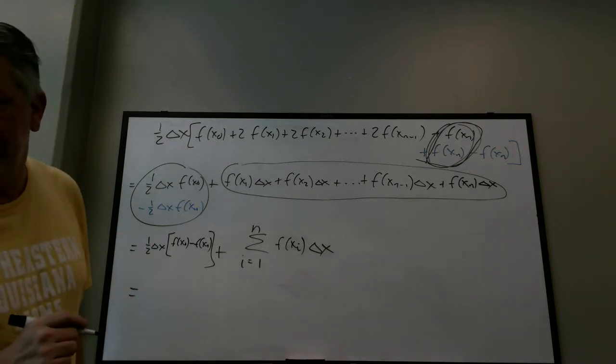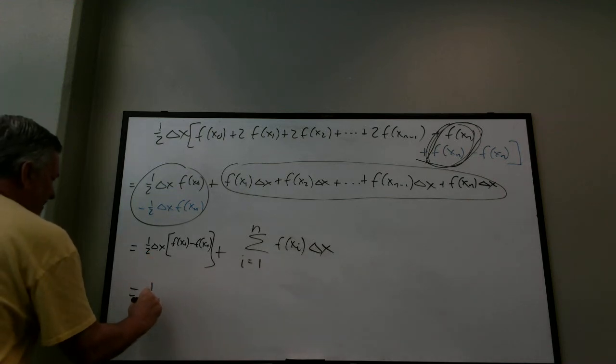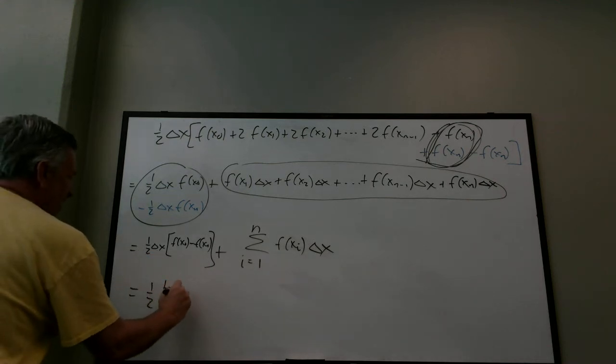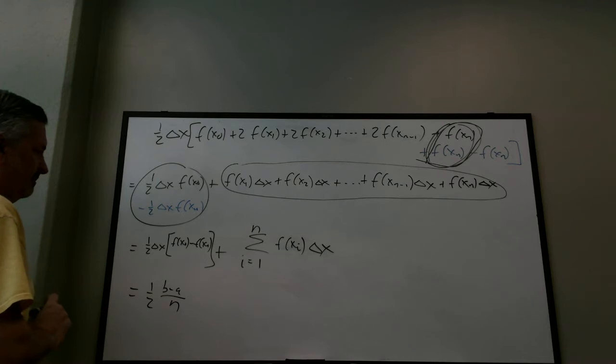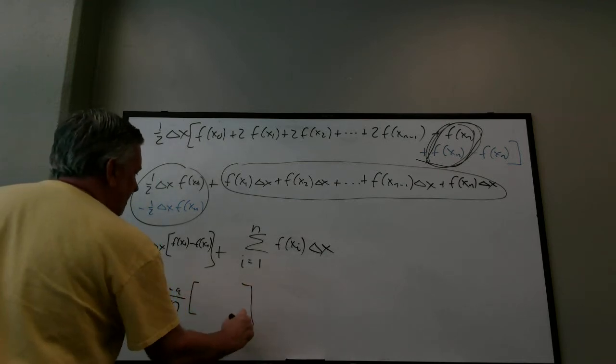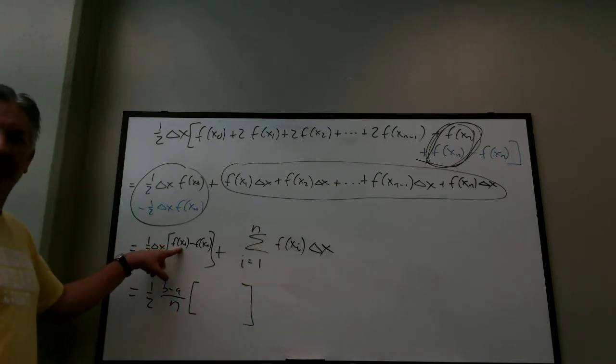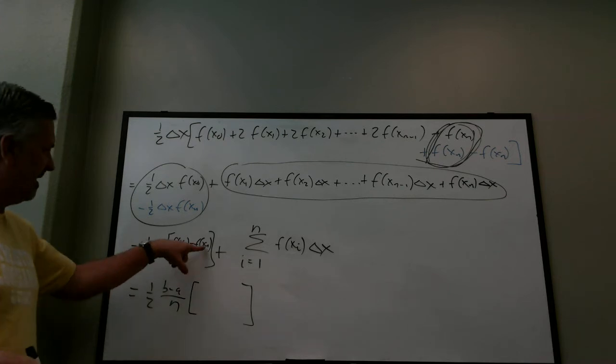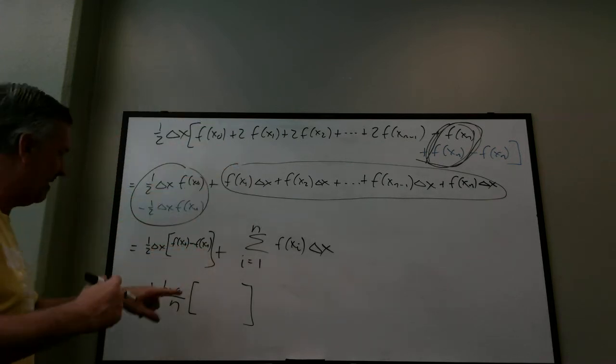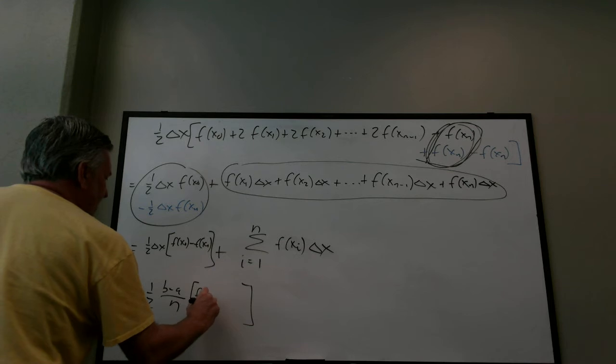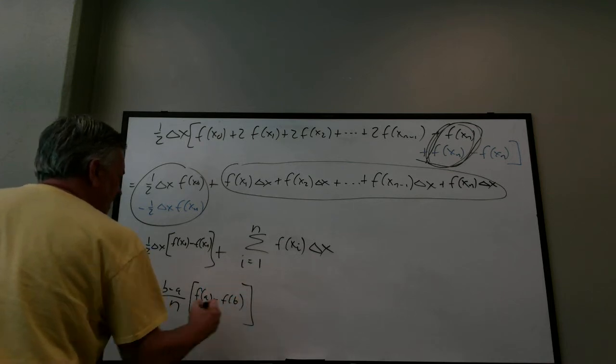And then if you continue following over the next step, 1/2 delta x is b minus a over n. No problem. Now remember, x naught was the same as a, our left endpoint, and x n was the b, the very right endpoint. So this is the same as f of a minus f of b.